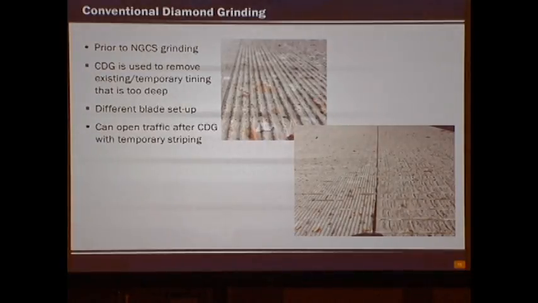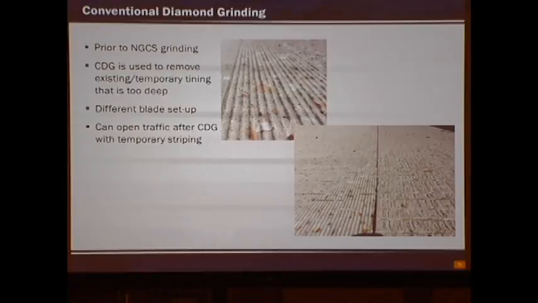So prior to the next generation concrete surface, like I said, is the diamond grinding to remove the transverse tining. Now, when we do this, we can place temporary striping to open up immediately after step one of the three-step process for the diamond grinding.